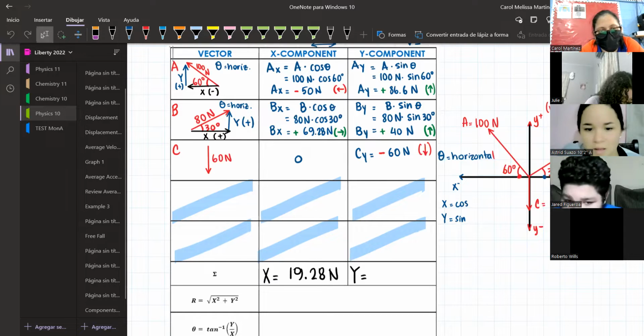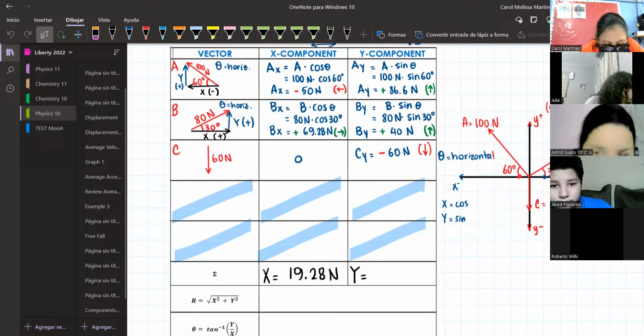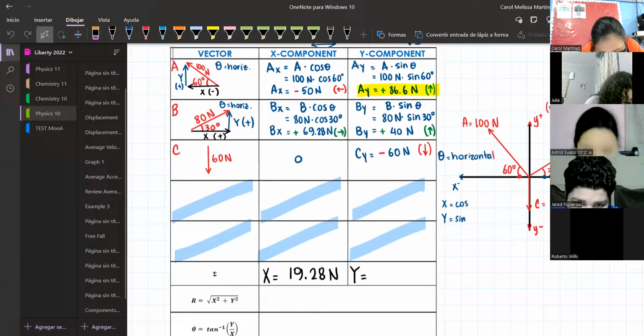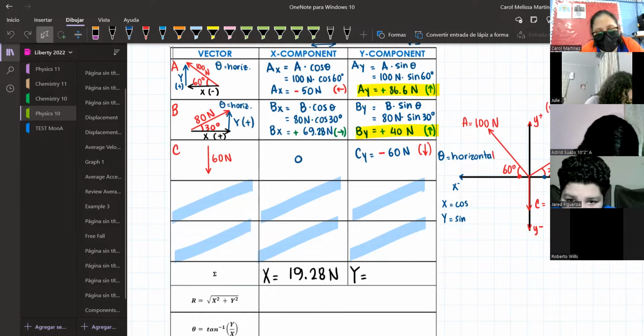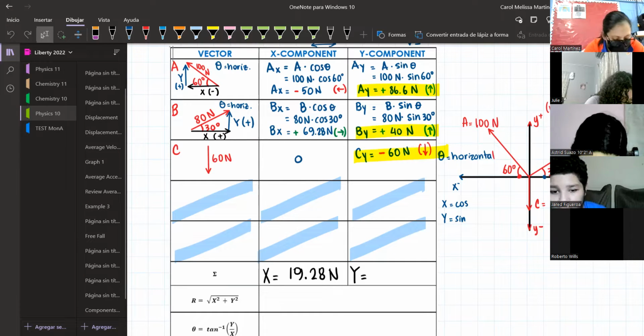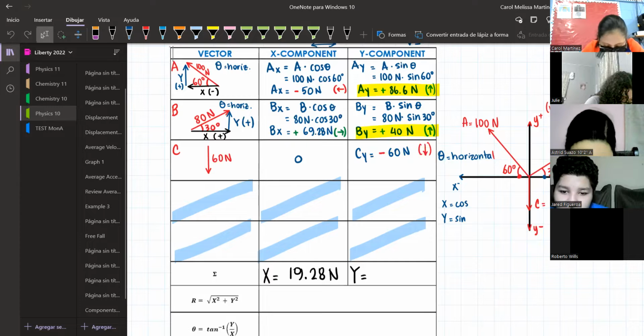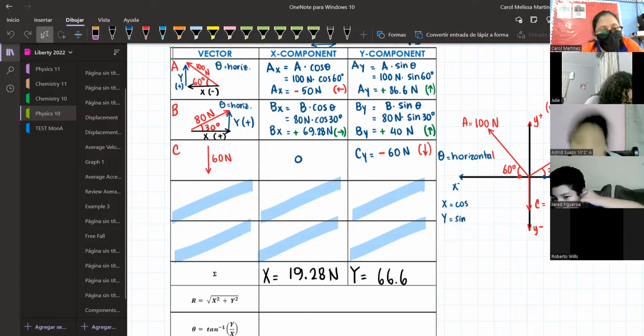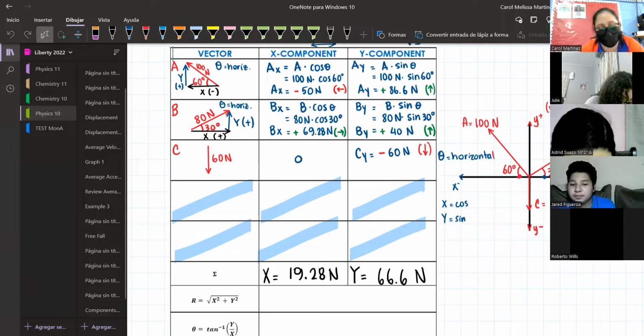Minus 50 plus 69.28, 19.28, positive. In the other column, you will add plus 86.6, plus 40, minus 60. How much is this? 66.6. 66.6 Newton. Also, it is positive.